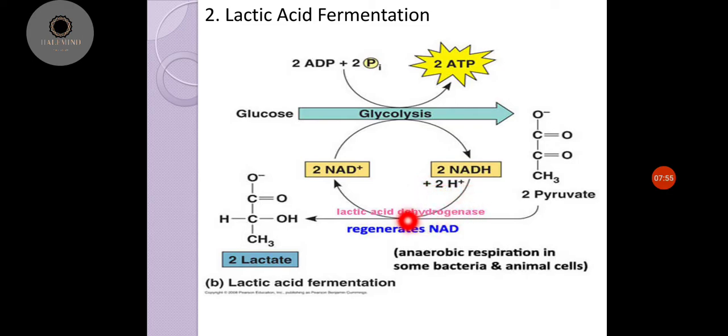So, it's a cycle. So, yung mga anaerobic bacteria and other animal cells, like for example, our muscle cells, while we are jogging or doing hard work, pag masyadong maliit na yung oxygen na ating ini-intake at hindi na kayang mag-undergo ng cellular respiration yung muscles natin, ginagamit nila yung lactic acid fermentation.